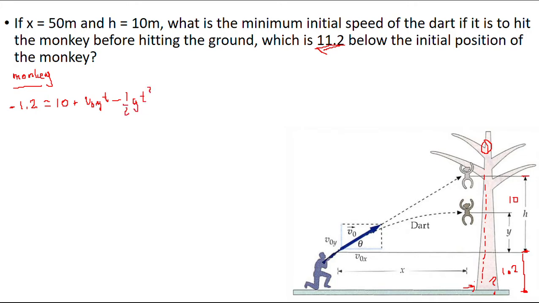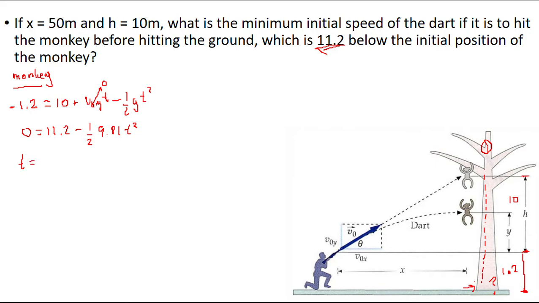We can assume the monkey just fell, so it had no initial velocity. This goes to 0, and we're left with 0 equals 11.2 minus a half of 9.81 times t squared.